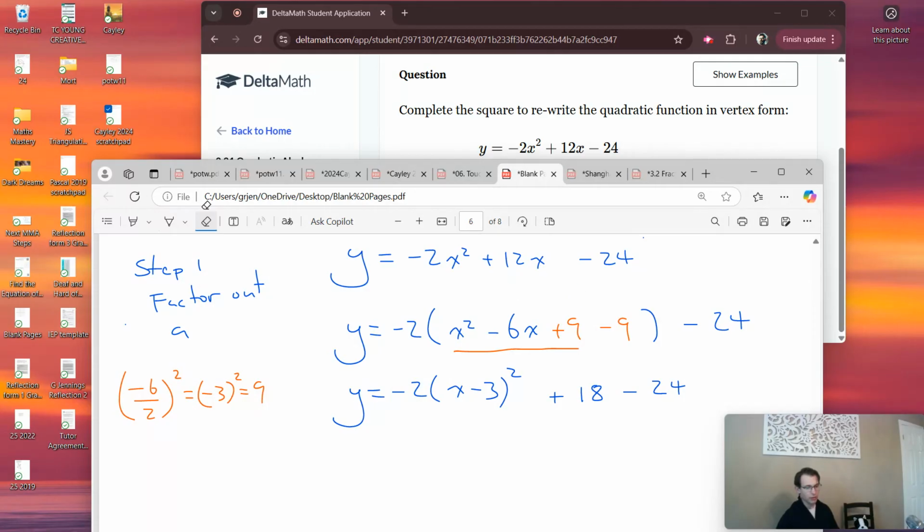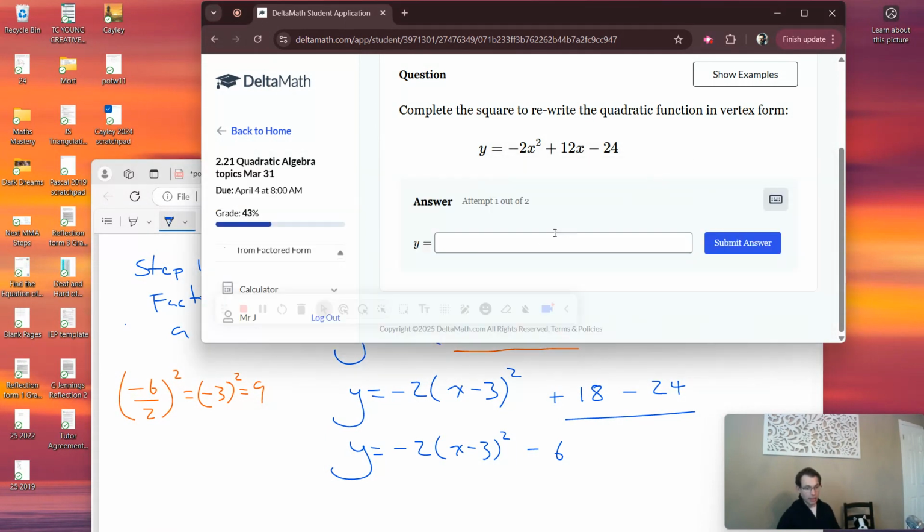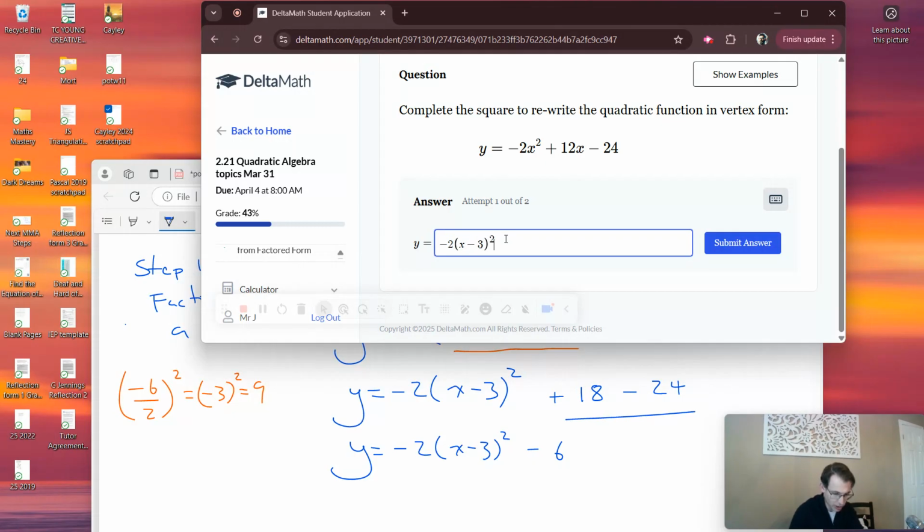So now we finish: y = -2(x - 3)² - 6. That's a lot of minuses.